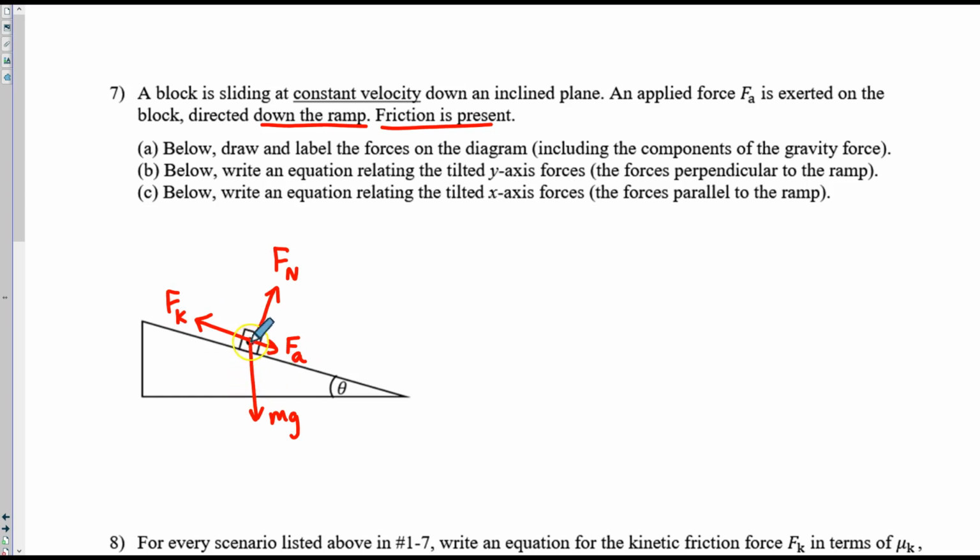I have to draw the components of gravity. And here is theta. The tilted y component of gravity is hypotenuse cosine because it's adjacent to theta. This tilted x component is hypotenuse sine theta.